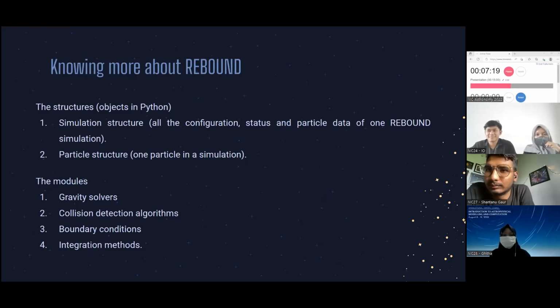Knowing more about rebound, there are some structures and modules that we have to know. The structures are the simulation structure, which holds all the configuration, status, and particle data of one rebound simulation, and the particle structure, which is for only one particle in a simulation. The modules are the gravity solvers, collision detection algorithms, boundary conditions, and integration methods.